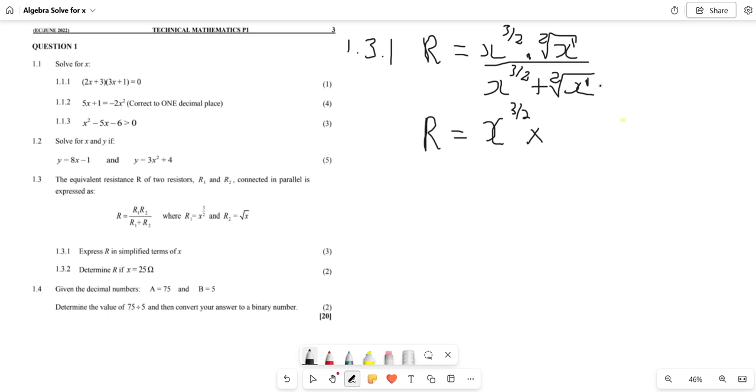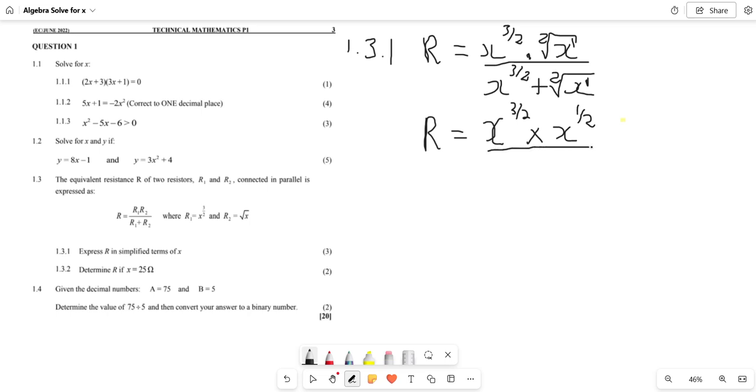Of x. Now, how do we get rid of the root? We are going to say the exponent of x that is inside is going to divide the number that is outside the root. In this case, we maintain the base of x. The exponent of x that is inside in this case is 1, and it is going to divide the number that is outside, in this case positive 2.